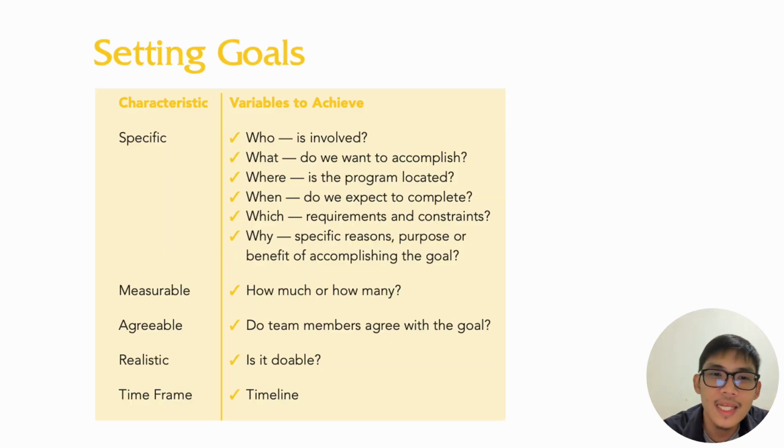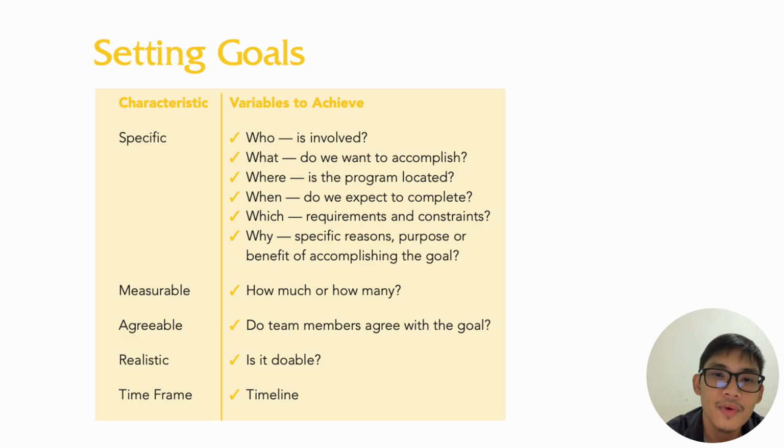In our reference, the SMART principle does not necessarily apply to the specific statements of our objectives, but I think this applies to the general language program from the first sections to the last. So specific involves variables such as identifying who is involved, who are the recipients.